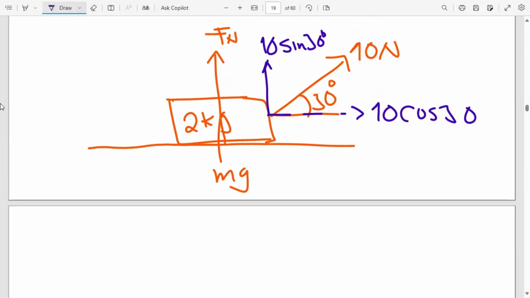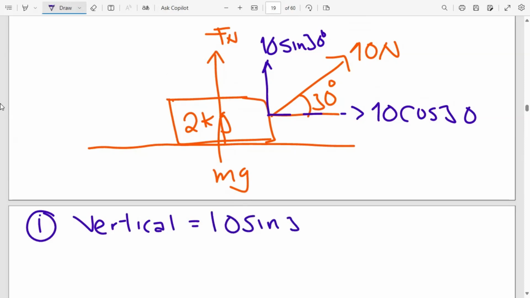Part one is saying calculate the vertical and horizontal components of the 10 newton force. So this is part one. The vertical component will be equal to 10 sine 30 degrees. Let me just punch it in. 10 sine 30 is equal to 5.